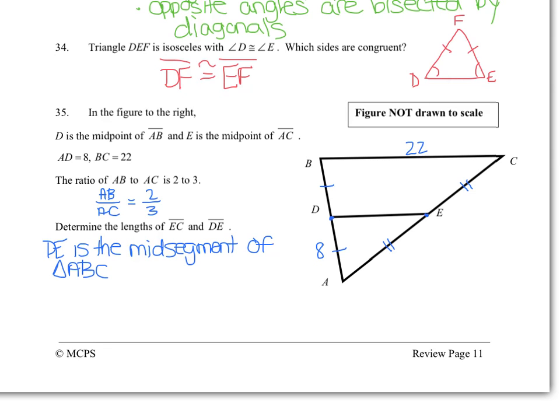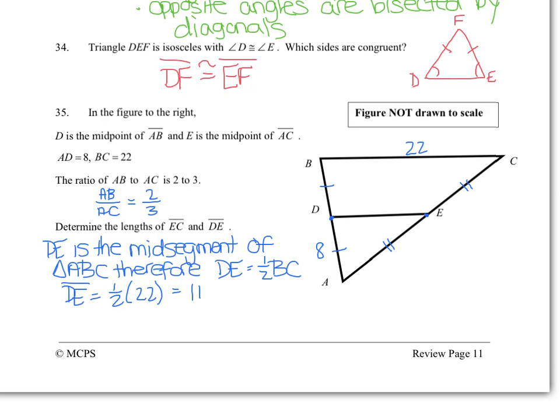And what's special about a midsegment is that the length of DE is half the length of BC. Well, if BC is 22, then DE must be 11.